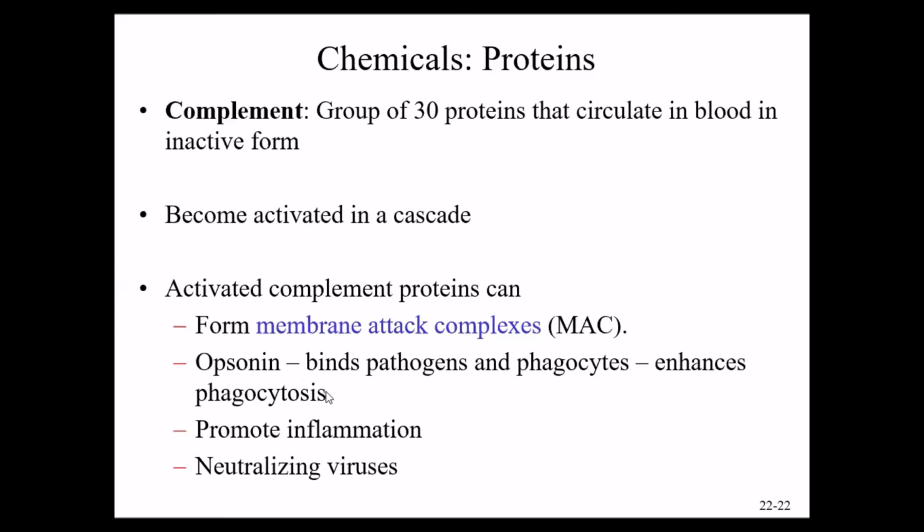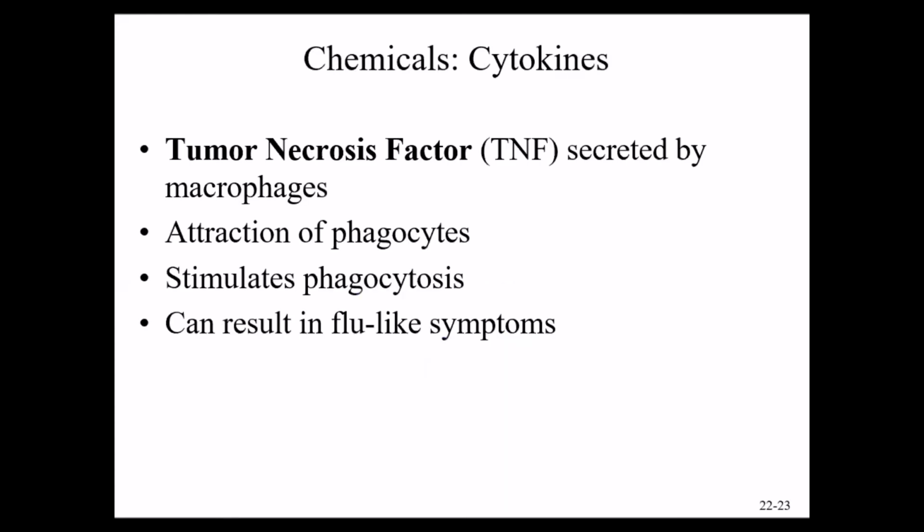All this means is that they bind together pathogens, the infection or the bacterial cells, and the phagocytic cells. If you can get those phagocytes and the pathogens close together, binding together, then that helps the process of phagocytosis. These complement proteins can also help in the process of inflammation, and they can also help in the process of trying to neutralize viruses or virus-infected cells. So complement is a series of proteins.